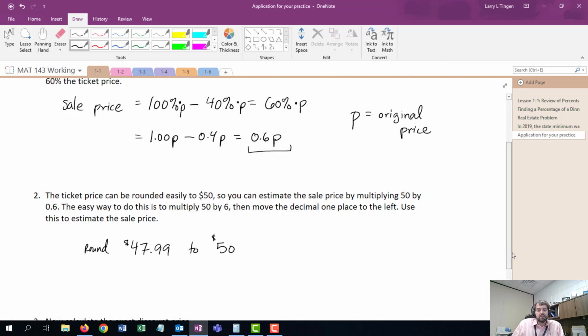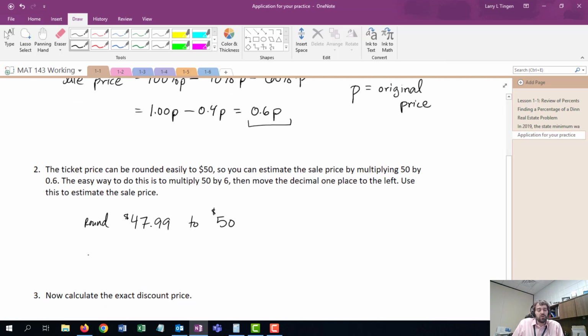And I'm going to estimate the sale price by taking $50, and I'm going to multiply it by 0.6 because I've removed the 40% off, which means I've got 60% left. 5 times 6 is 30, and then I've got one decimal place to keep.